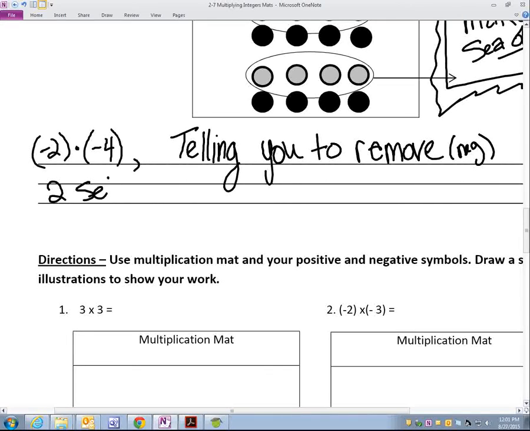2 sets of what? What am I removing? Nikolai, do you know? True, they are circles, but keep going.